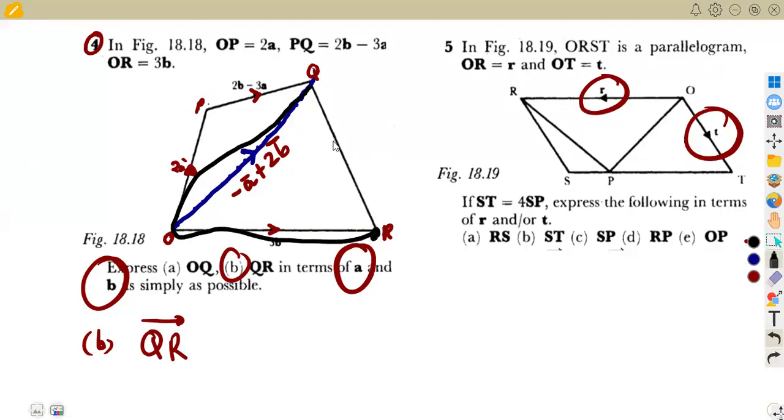We have moved from Q to R. Remember, I said you must start from the first point, Q. Q is the starting point, and ending at R. That is the condition there. So starting here from Q, we've got two ways. We can move from Q to P, P to O, and O to R.